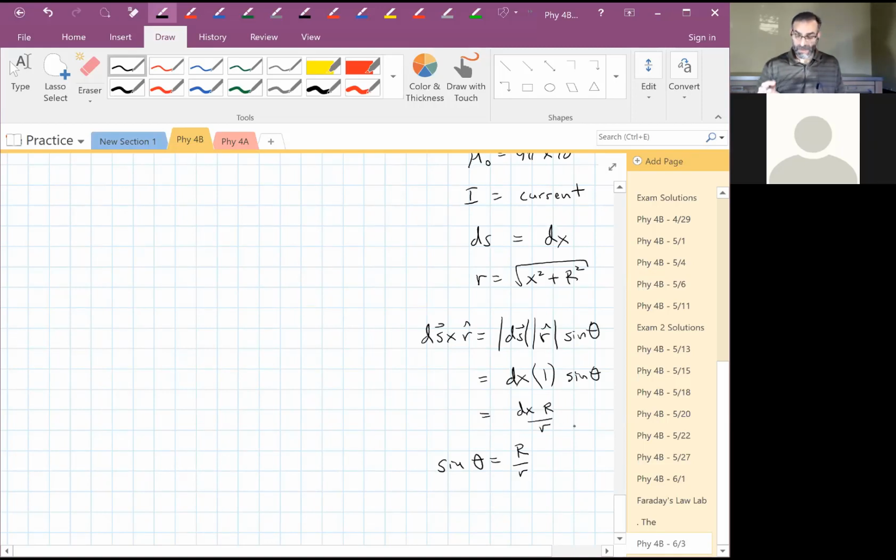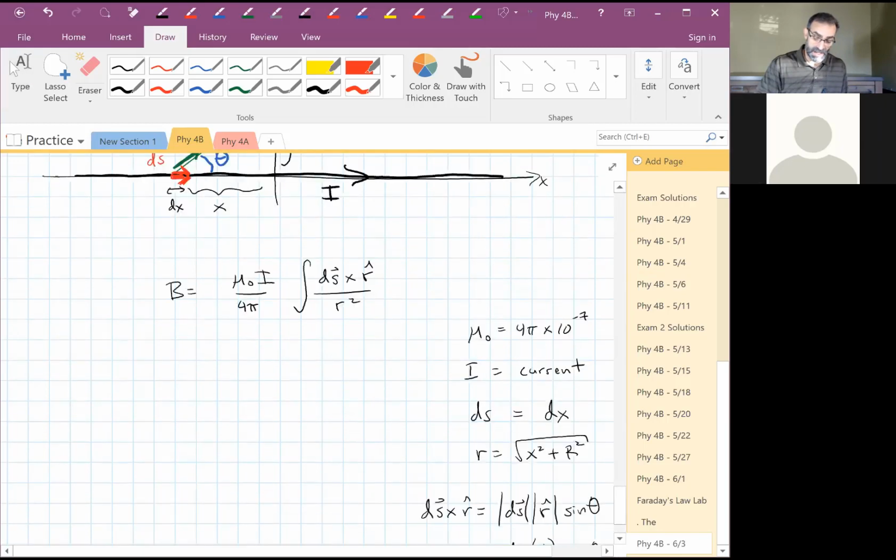Now I'm forgetting one thing. The cross product returns a direction, right? It's a vector. The answer is a vector, not a scalar. What direction do I get when I do ds cross r hat here?